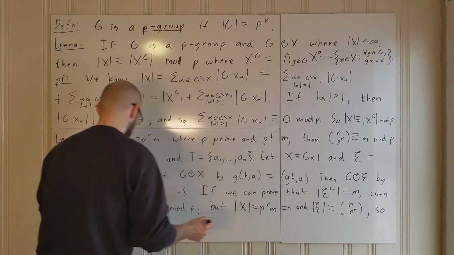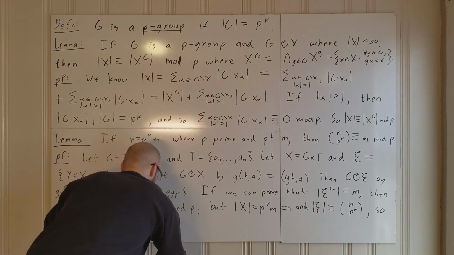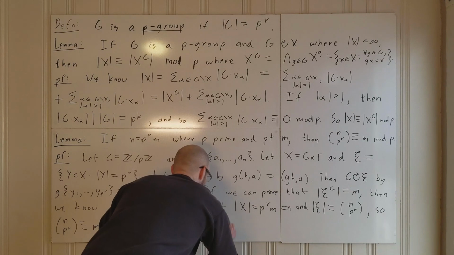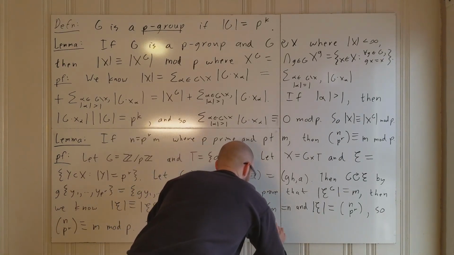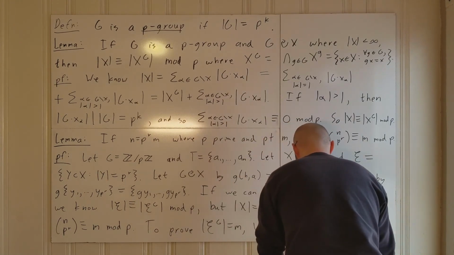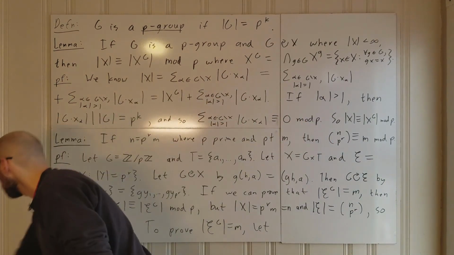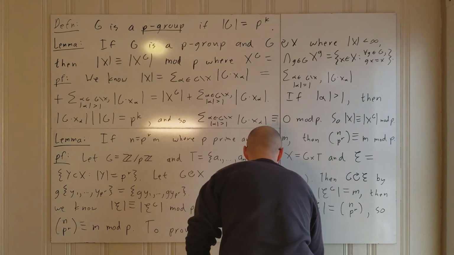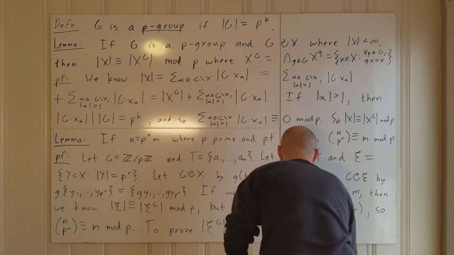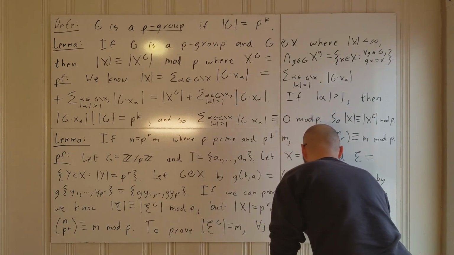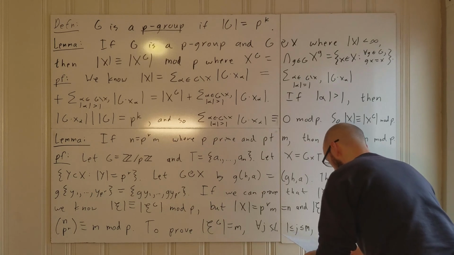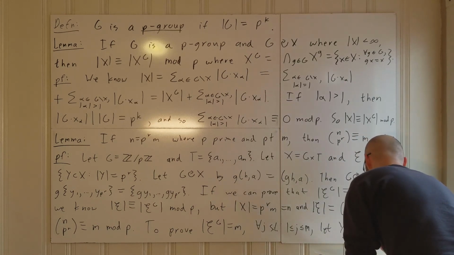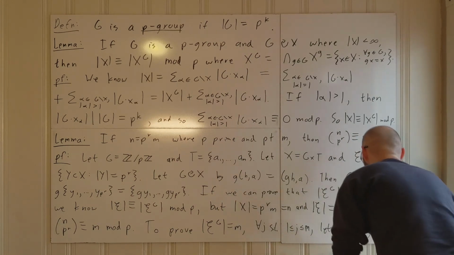So to prove that script E^G equals m, basically for all j between 1 and m, let Y_j be the collection of all elements of the form (g, a_j).